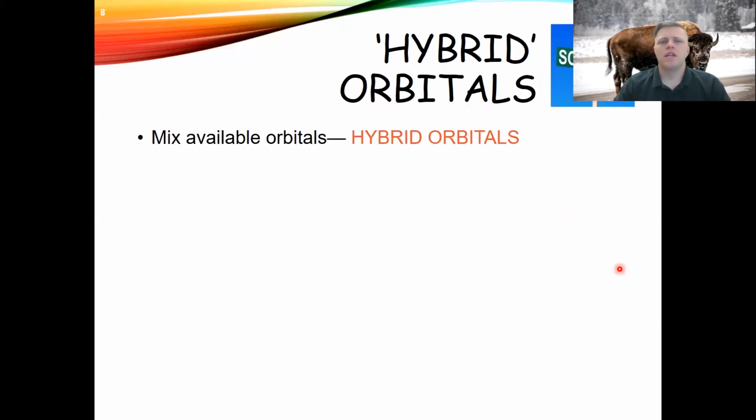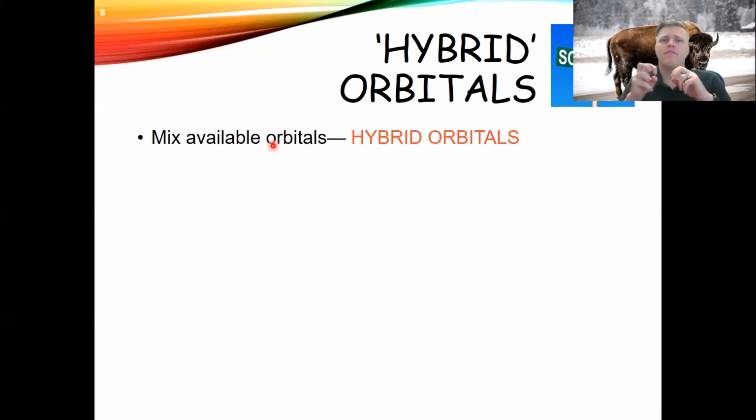Well, the solution is we're actually going to create hybrid orbitals. So the idea here is you just take your available atomic orbitals and you mix and match them to get your hybrid orbitals. And every atom has its own hybrid orbitals, right? We're not talking about a hybrid orbital between carbon and hydrogen.